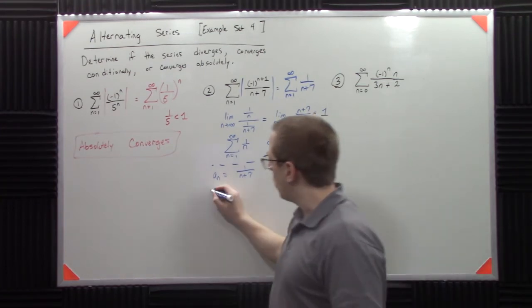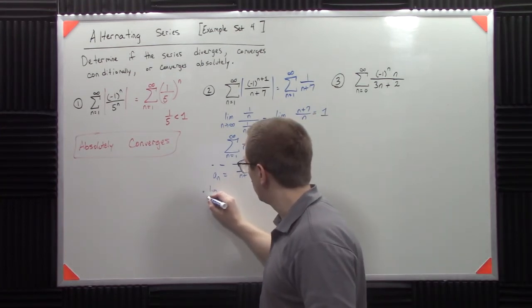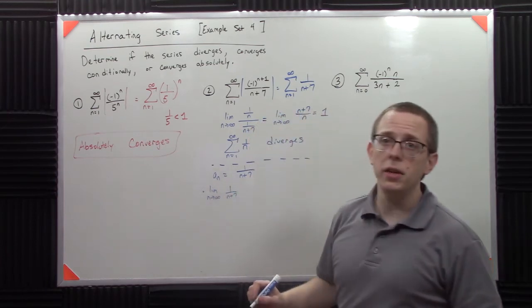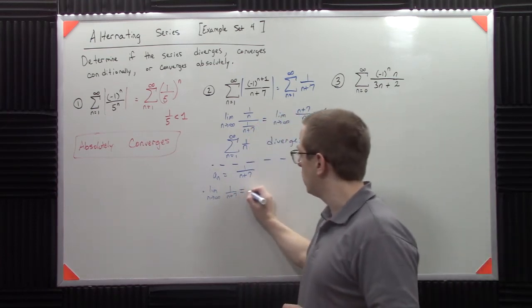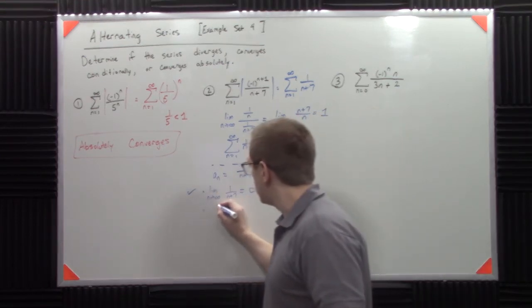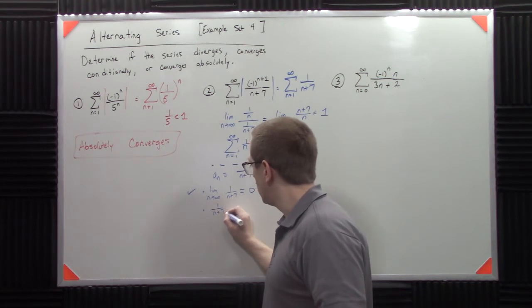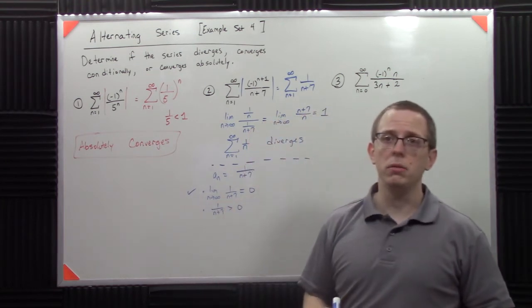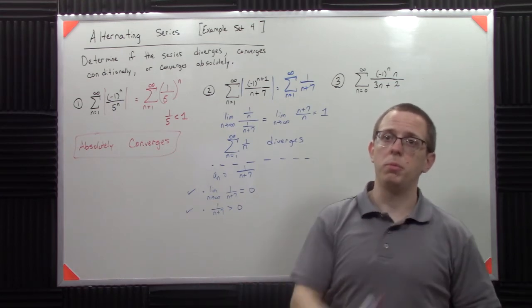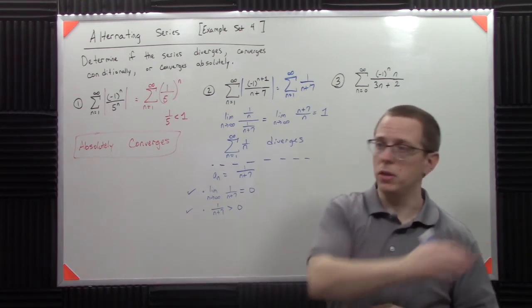So I have to ask, does it pass the nth term test for divergence? Yes, it does, because that limit is 0. Is it always positive? Yes, it is. Because as n goes up, it just keeps on being positive.